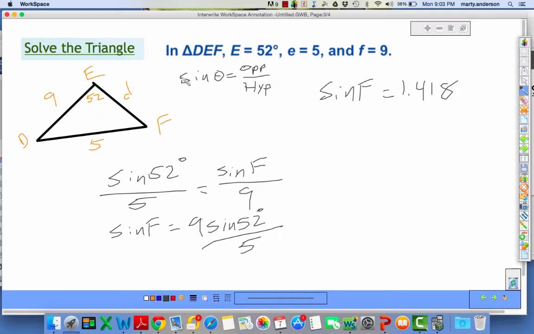I know it's not a right triangle, but this is still where sine comes from, and then we use ratios to solve other missing things. How could the opposite side over the hypotenuse, which is always the largest side, ever be greater than 1? The sine will never be greater than 1. Ever. So this is going to be a triangle that has no solution.